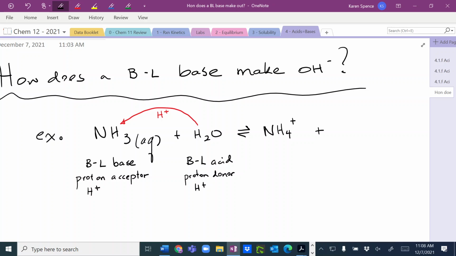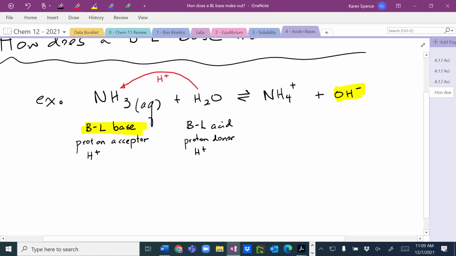It's going to turn into its conjugate base. And what's left when it gives away its proton? Hydrogen and oxygen, which is OH minus. So how did this Bronsted-Lowry base make hydroxide? It took away hydrogen from water, okay?